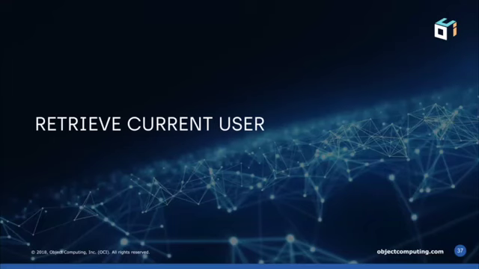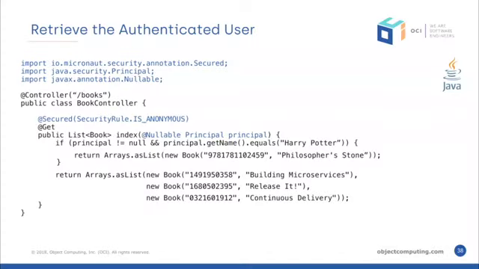You can retrieve your current user in a controller. We support the java.security.Principal parameter. So if you have an endpoint, for example, that is accessible to authenticated users and anonymous users, you can flag that parameter with @Nullable.